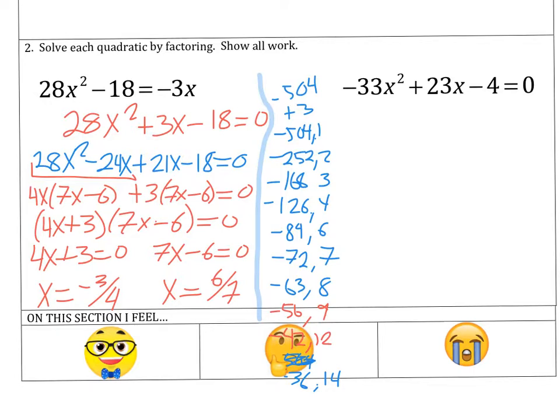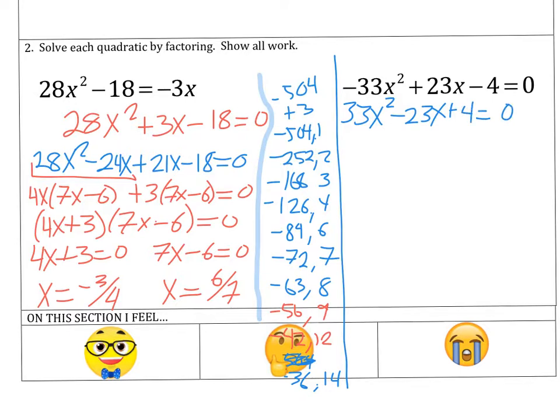For the other problem, which I'm really hoping has nicer numbers, and it looks like it might, so that's kind of cool. First thing I might do is make things positive, because I don't like negative x squareds. So that might become 33x squared minus 23x plus 4 is equal to 0.